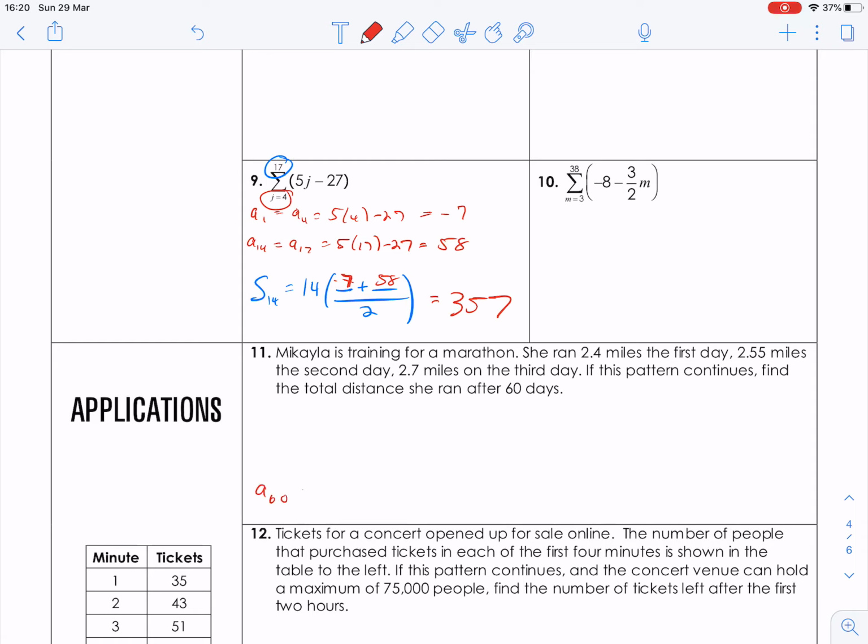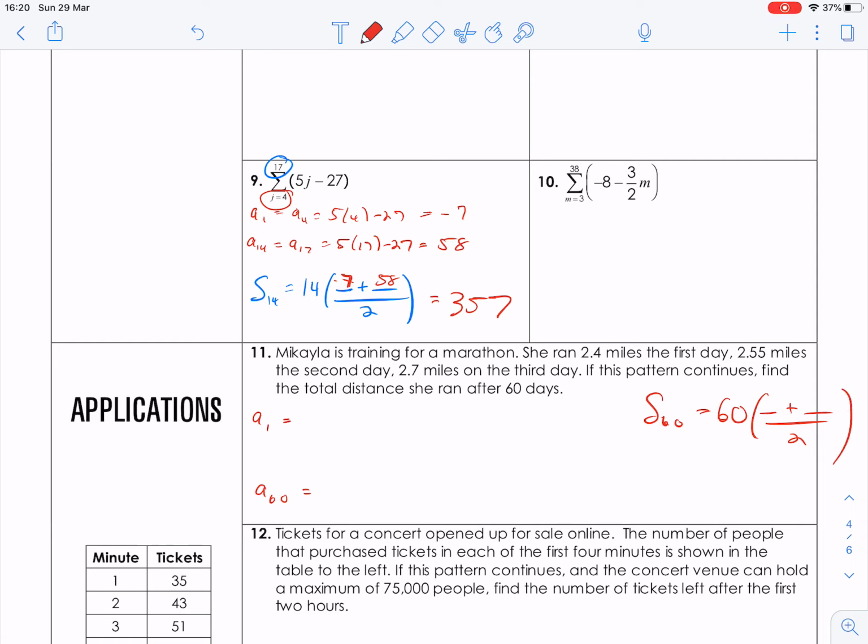So, A of 60, we're looking for A of 1. So, S of n, the sum of that is going to be S of 60 in this case. So I don't even need to write S of n. S of 60. That's going to be how many terms? 60. First term, last term, all divided by 2.